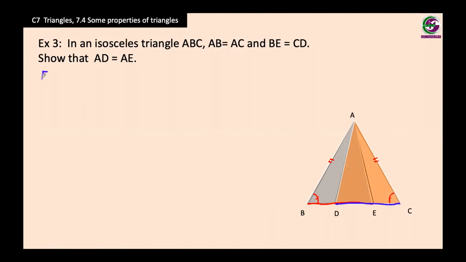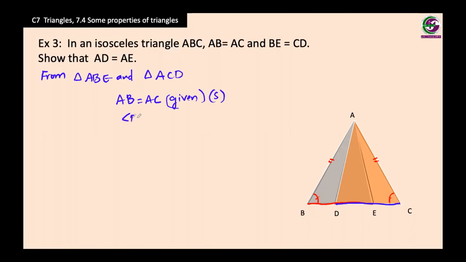So let us consider the two triangles ABE and ACD. So from the triangles ABE and triangle ACD, we know that AB is equal to AC because it's given isosceles triangle. We have one side now. Angle B is equal to angle C because isosceles.